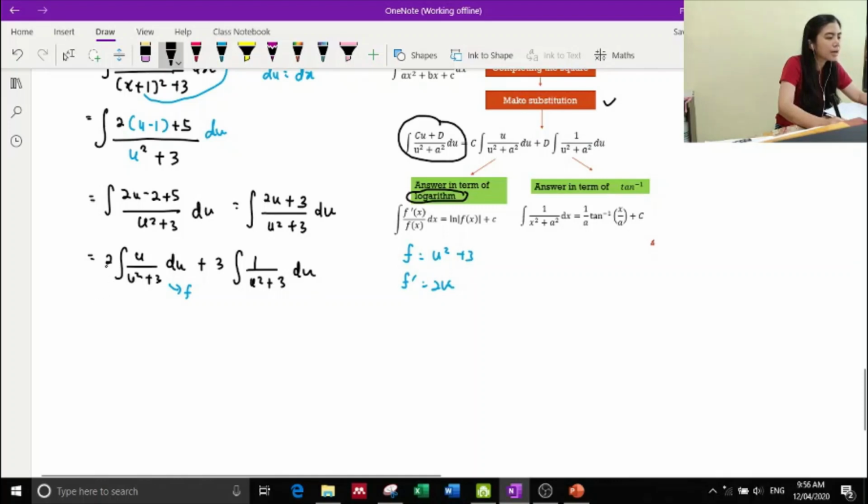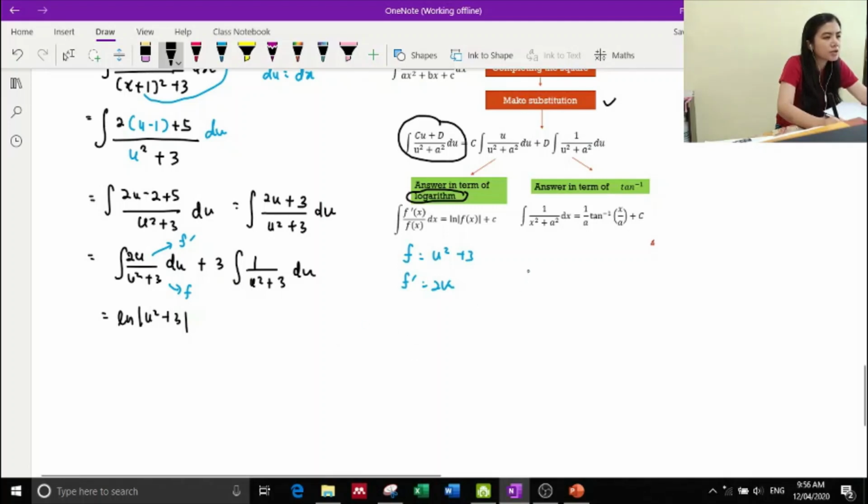I already have the number 2 here, so what I can do is just put it back in front. So I have my f prime here. I can use the formula directly, and I know that this ends with ln of u squared plus 3.